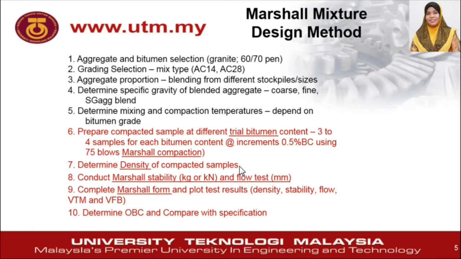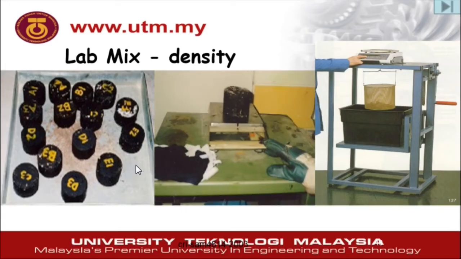Then, step number 7. After the compacted samples are ready, we need to determine the density of the sample. Let's have a look at the procedure. After the samples cool to room temperature, which is normally left overnight, the samples are extruded from the mold and determined for density or specific gravity by measuring the weight of the samples in air, then soaking in water and taking the weight in water, and then removing from the water, drying with a damp towel and taking the weight of saturated surface dry or SSD.